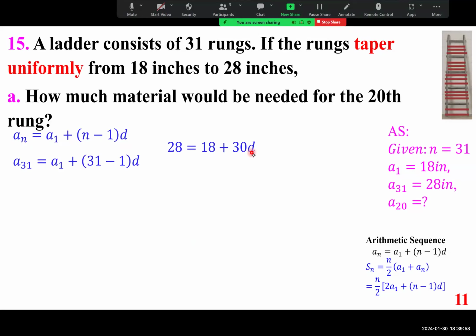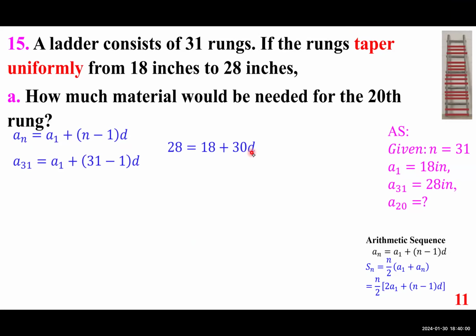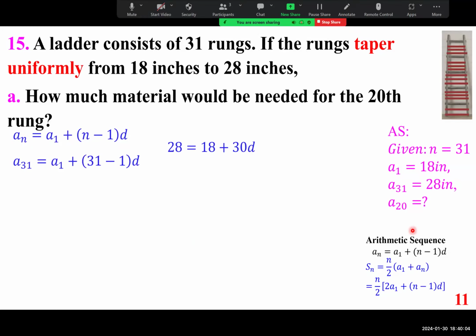Why are we doing that? We have everything, but what is missing is the d. If we want to find this one in general, we need to find the d. So we use the last one, which is A sub 31, and the first one, which is 18, and therefore we can find the missing d.